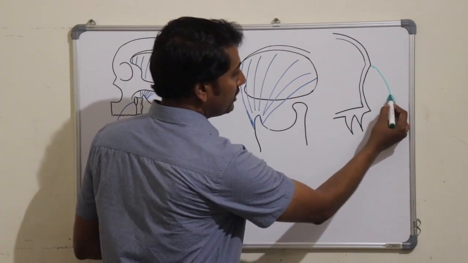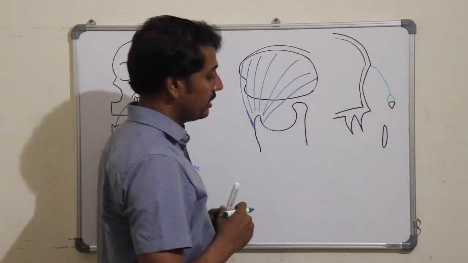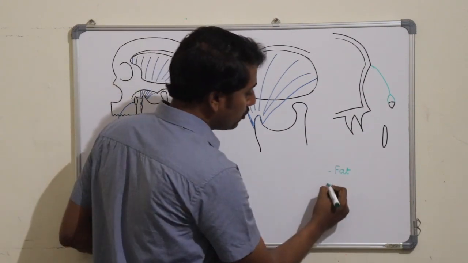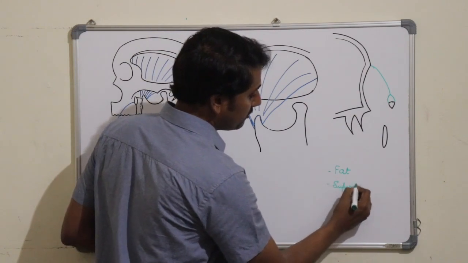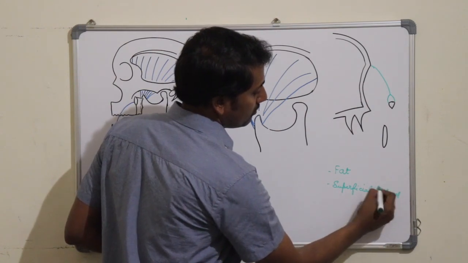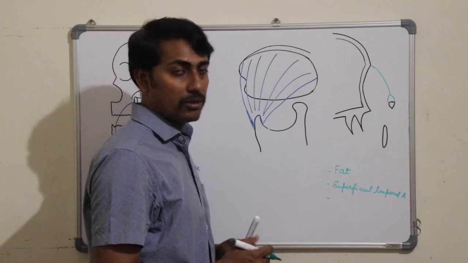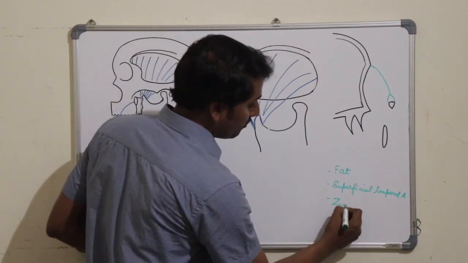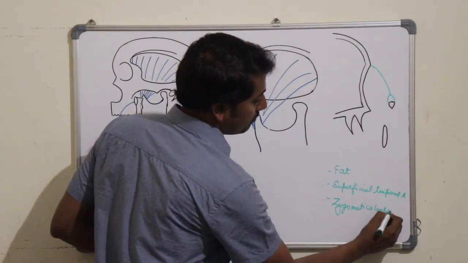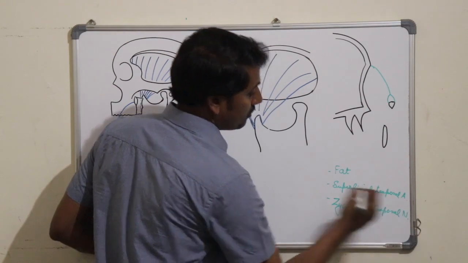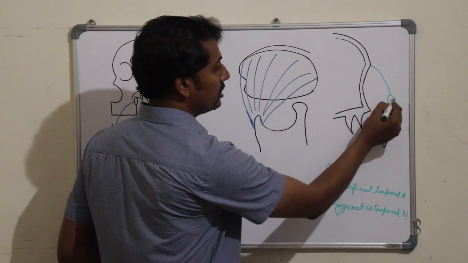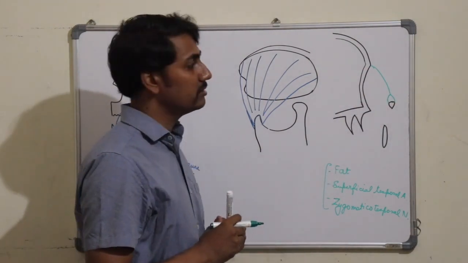This gap between the two layers of the temporal fascia contains some fat, a branch from the superficial temporal artery and a branch from the zygomatico-temporal nerve. So these three are the content of this small space between the two layers of the temporal fascia.